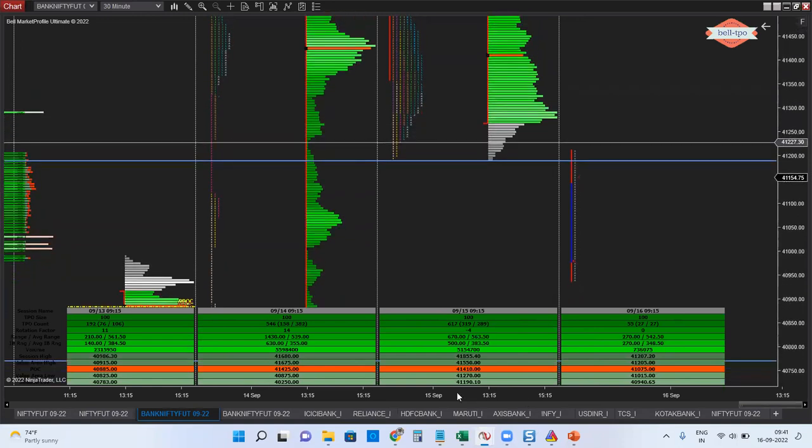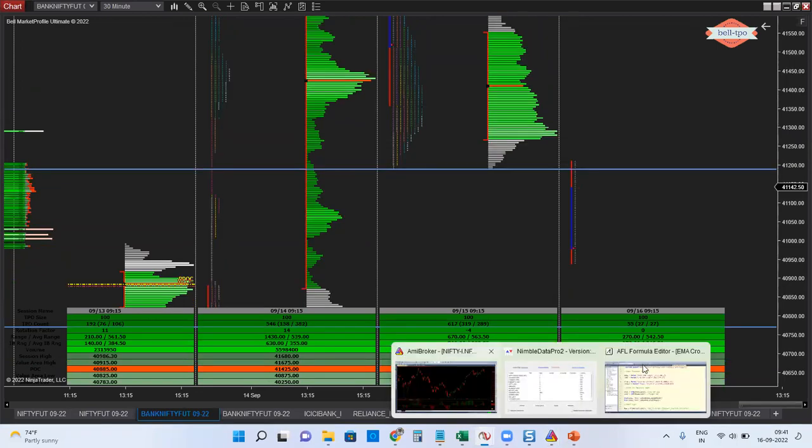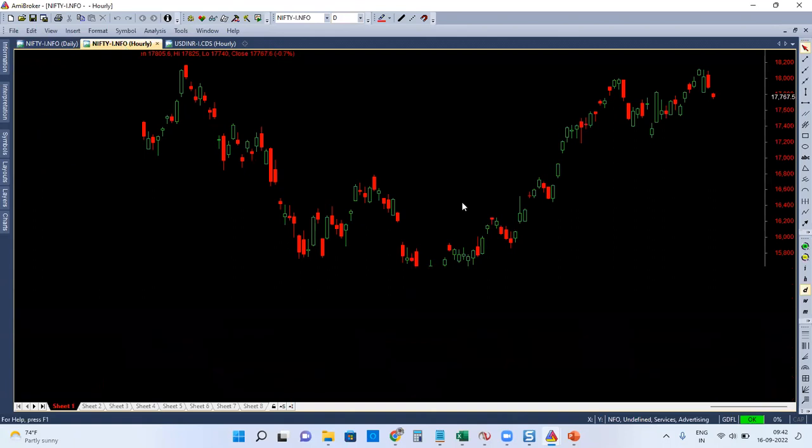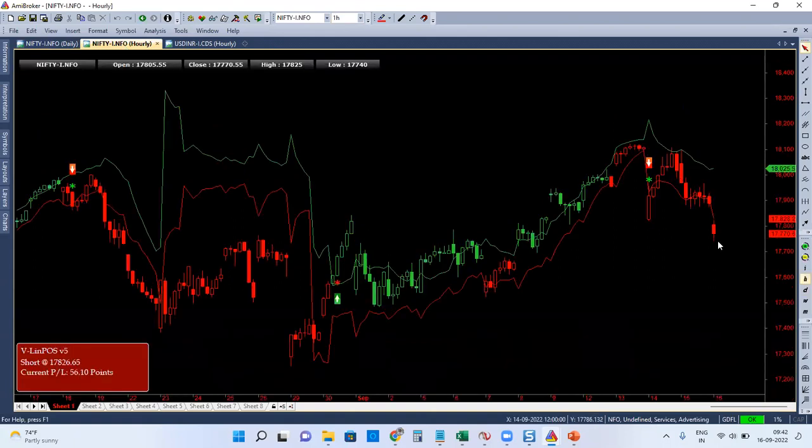But looking at the indicators, the 15-minute time frame: daily has been in sell mode for the third day. And the Nifty Harley is maintaining negative again. And 15-minute also thus far negative.